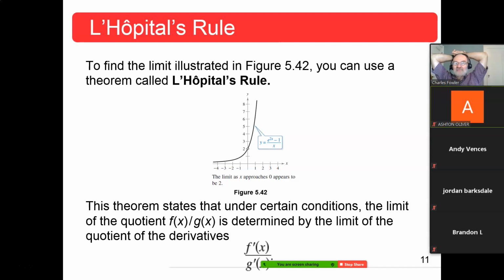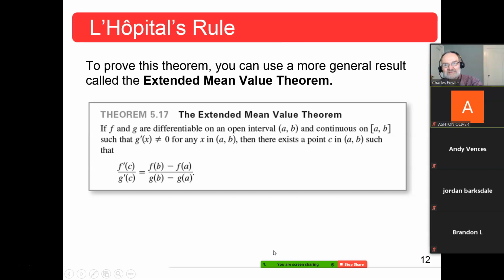That theorem states that under certain circumstances, and we'll talk about what those are, certain conditions, the limit of the quotient of f of x over g of x is determined by the limit of the quotient of the derivatives. Interesting.